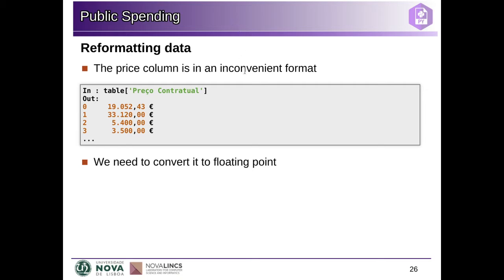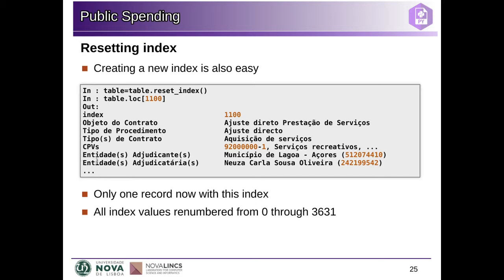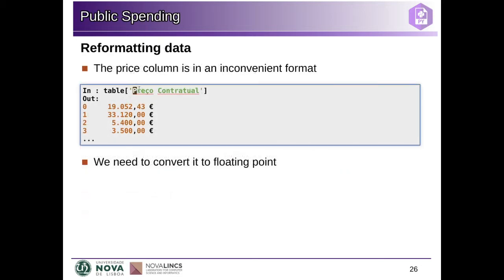So the price column here, which you can find under preço contratual, is what the state paid for each contract, and it is in a very inconvenient format.